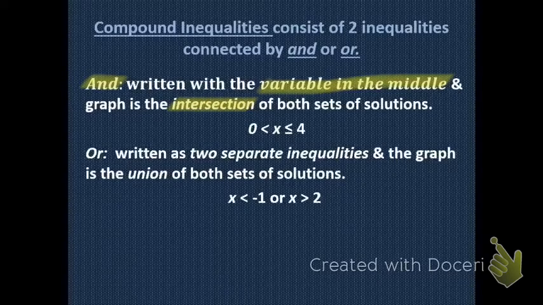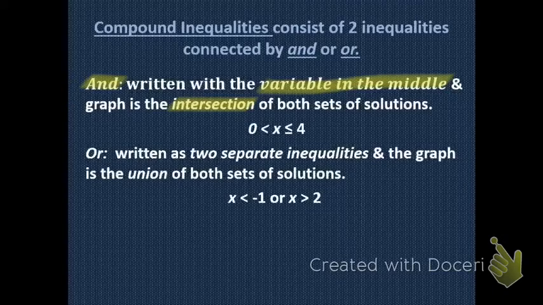If you look at the example that I've given you, you can clearly see that the variable is in the middle. This one is the trickier of the two. And it's because if you don't read this correctly, you will not graph it correctly. So we've got to go back to last week when we first started this lesson. And we have to remember, when we read an inequality, where do we want to start? You've got variables and you've got numbers in inequalities.